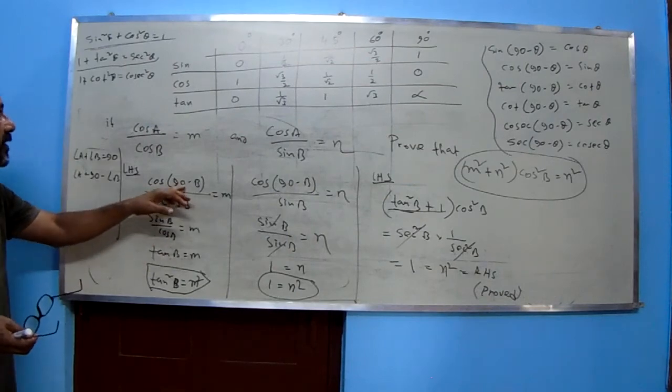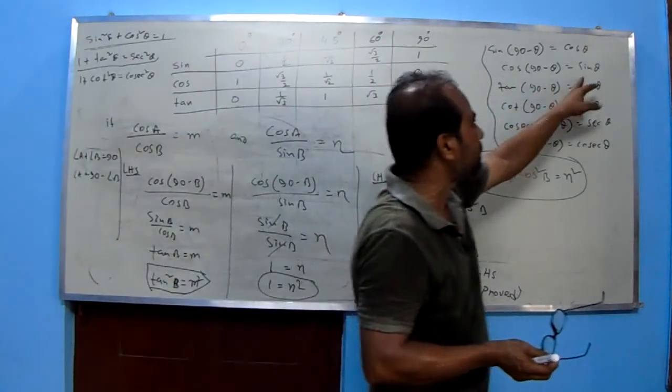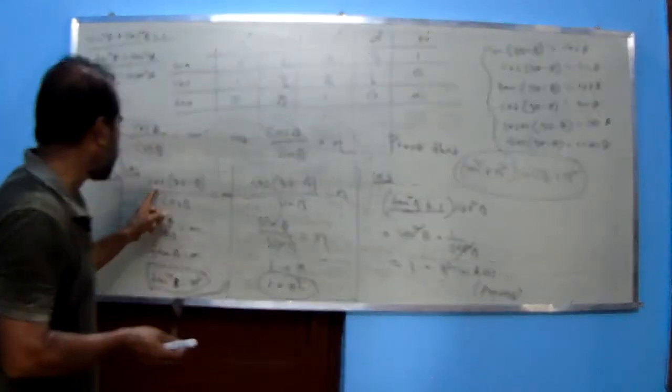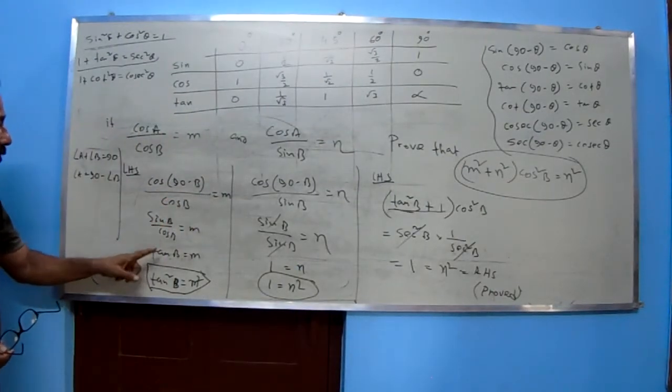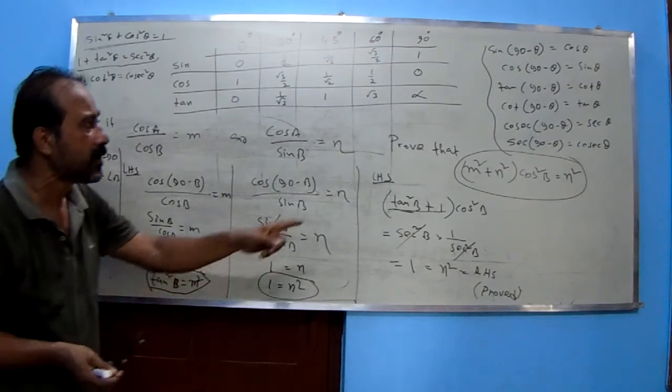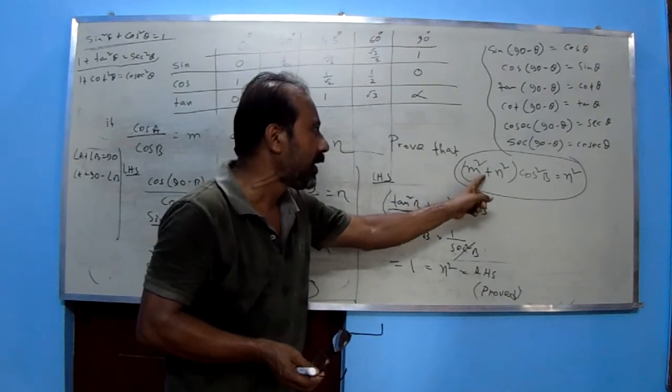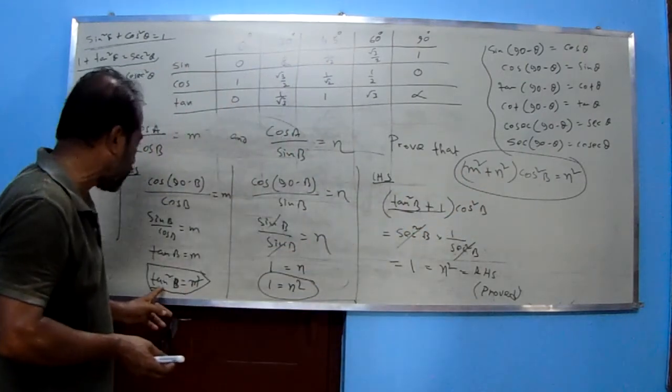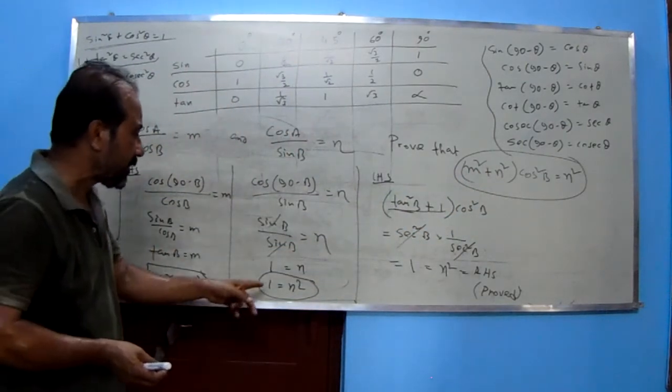Cos 90 minus theta means sin theta, so sin by cos comes as tan. Squaring, because I require M square, since they want to prove M square plus N square. So M square equal to tan square B, and N square equal to 1.